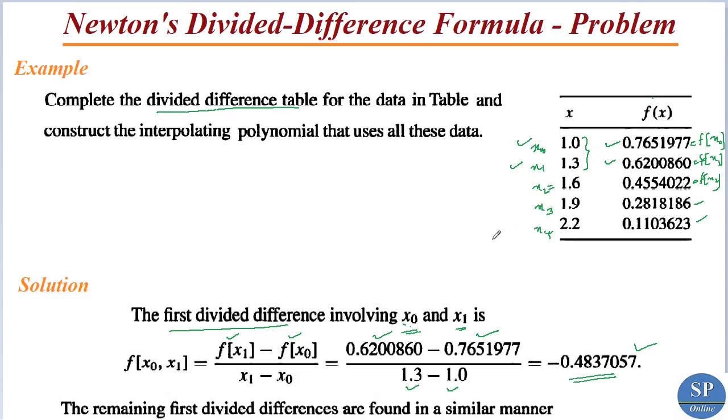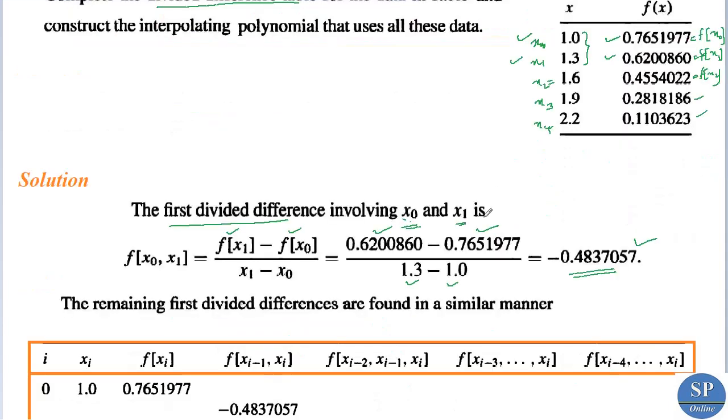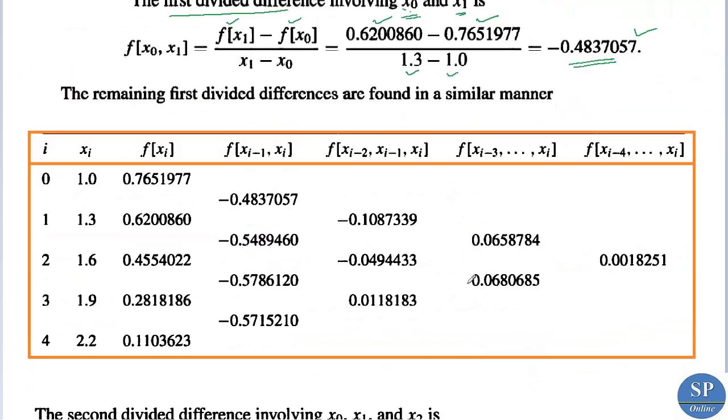In a similar way we can find the remaining first divided difference values, that is by using these two and these two. Okay, actually here we obtained the first divided difference by using the first two values x0 and x1.